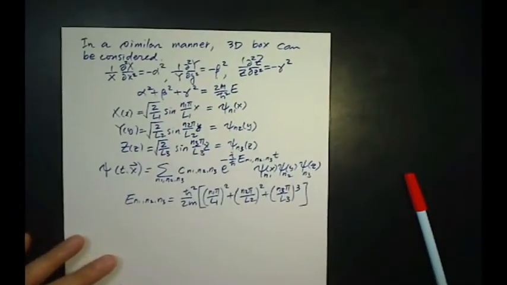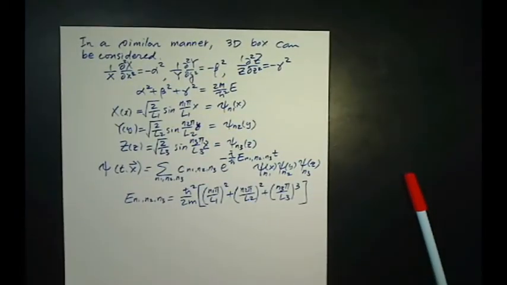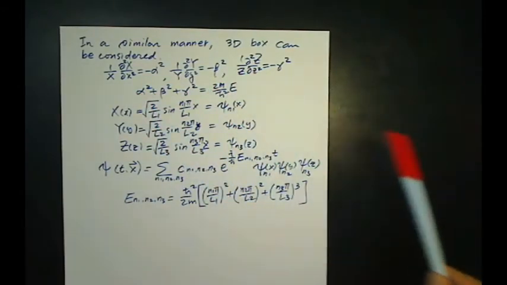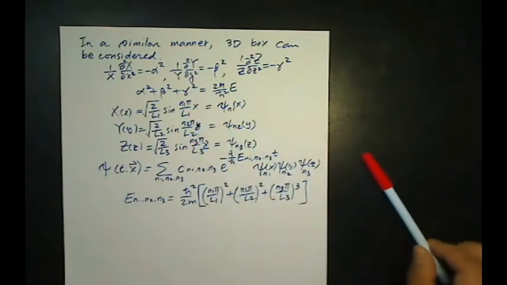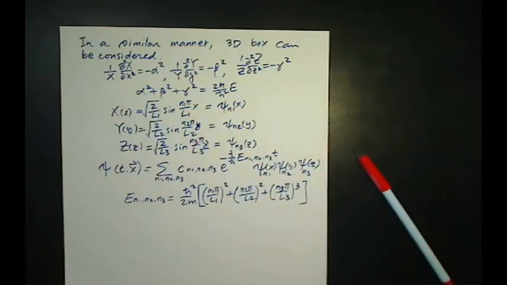We can further generalize the method to the three-dimensional case. Then the x, y, z dependent part is completely determined by alpha, beta, and gamma eigenvalues. Those alpha, beta, gamma eigenvalues are completely determined by n1 pi over L1, n2 pi over L2, and n3 pi over L3.